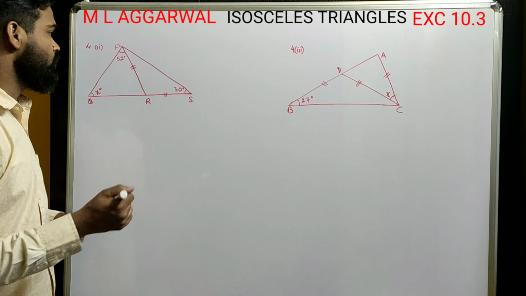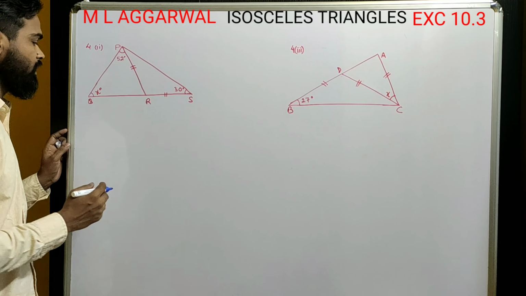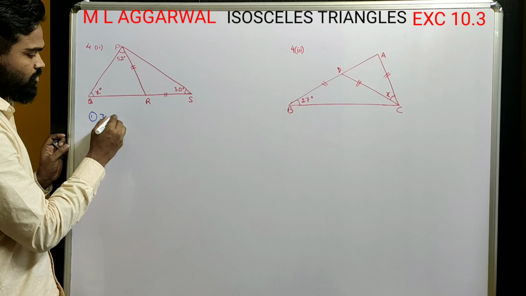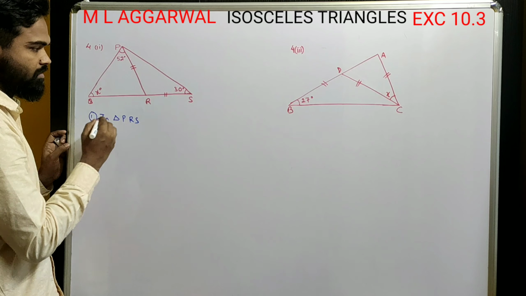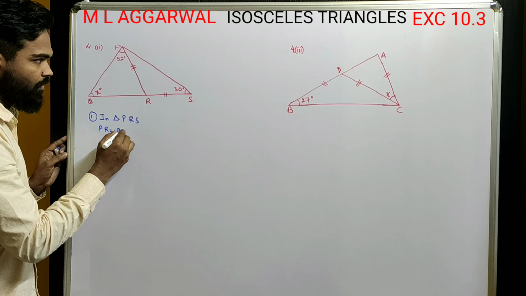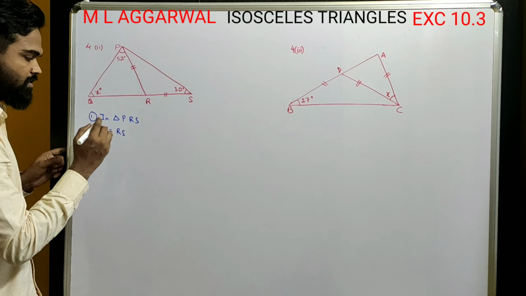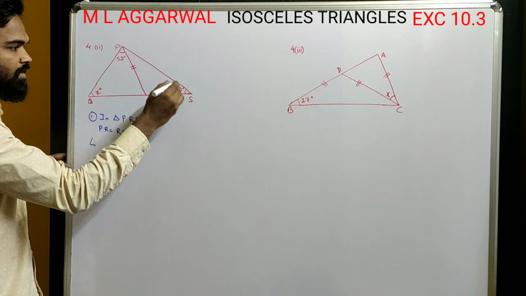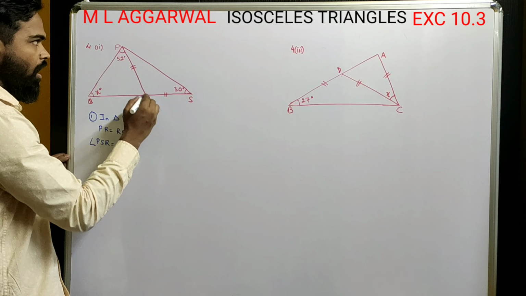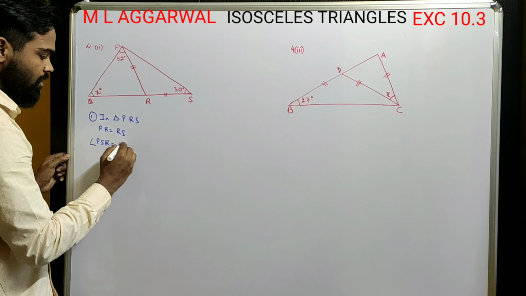Now look at 4 part 2. They have given a figure and they have told us to find x. First thing, look at triangle PRS. They have given PR is equal to RS, which means angle PSR will be equal to angle RPS.